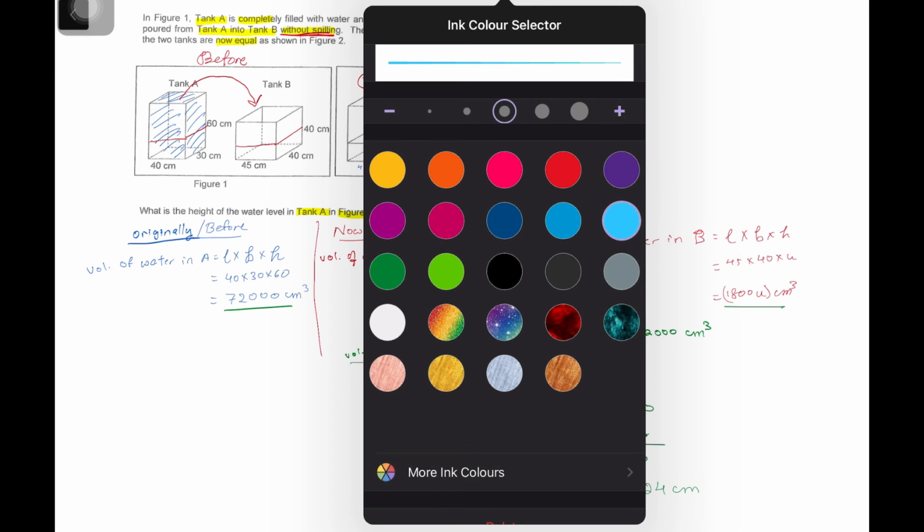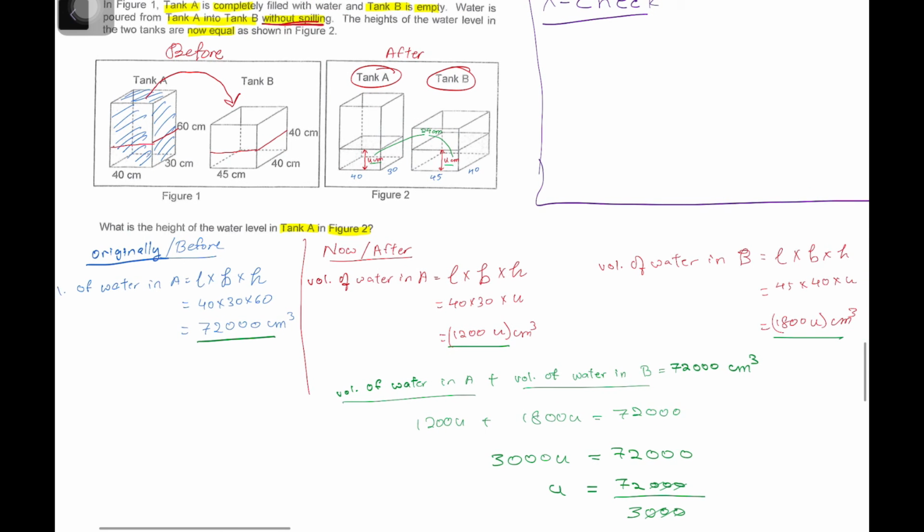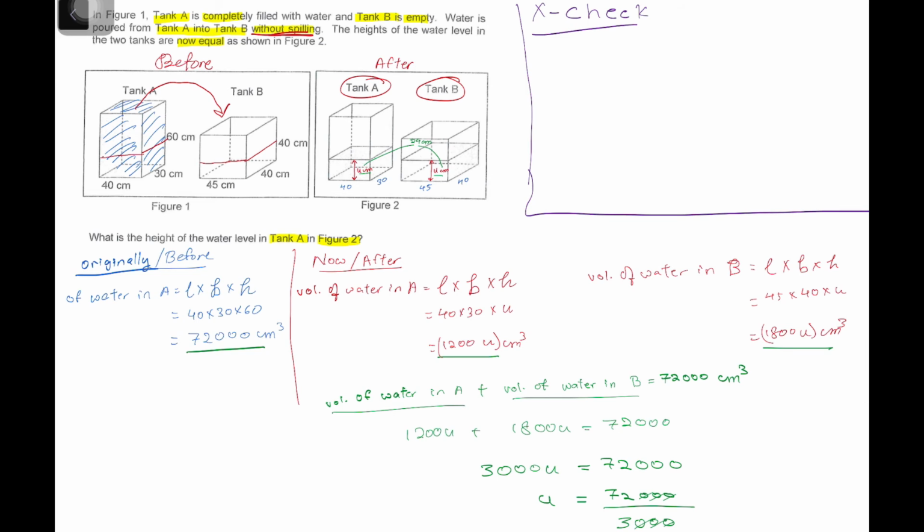So I'll just create some rough space over here and label it as cross check. It's a good habit to ensure that whatever answer you've gotten is correct. So U is equal to 24 centimeters, right?